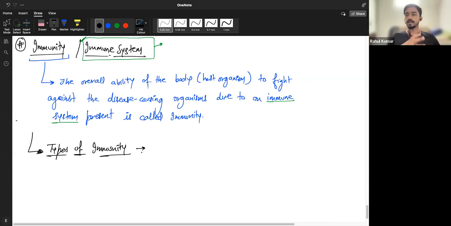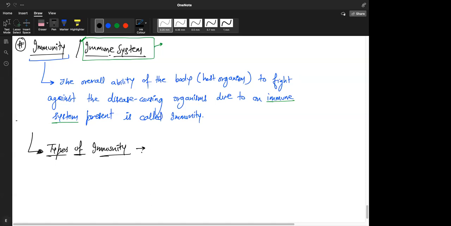But do you think plants have something right from their germination that protects them against diseases? Yes, sir. We know that there are bacteria, fungi, and viruses that target and infect only plants. They are called plant viruses, like tobacco mosaic virus. It infects the tobacco plant.